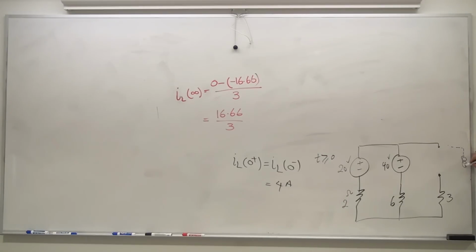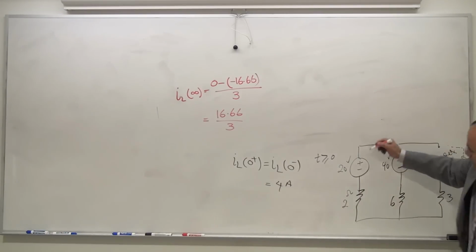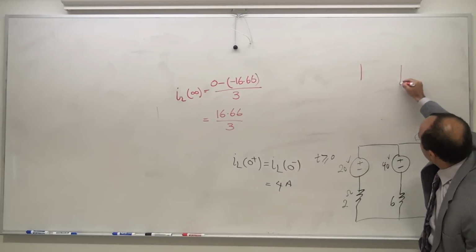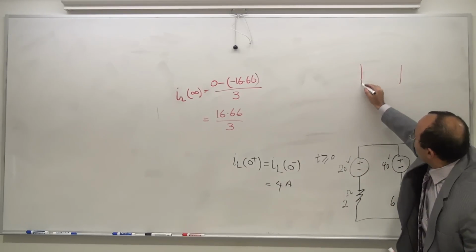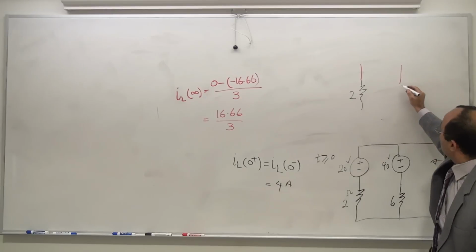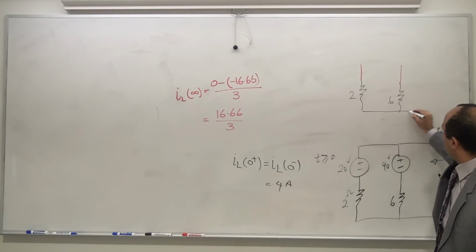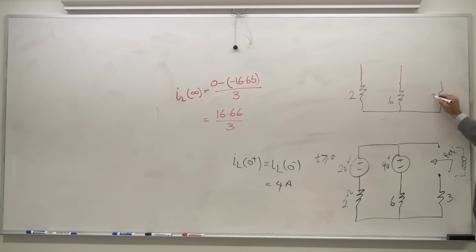This is the inductor, right? I want you to see from this angle and tell me how much R equivalent is. These are the two terminals. I do have two independent voltage sources. I'm going to shut them down to 0. This is going to be a short line, this is going to be a short line, and my system becomes like this: a short line, then I have 2 ohm, then 6 ohm, then 3 ohm.